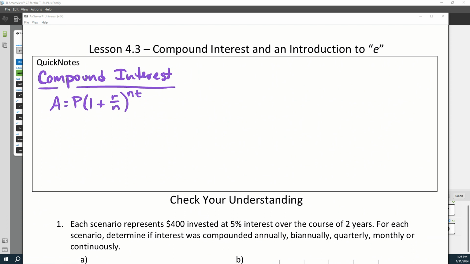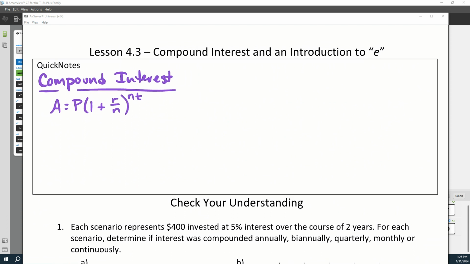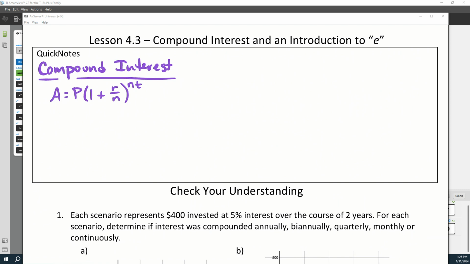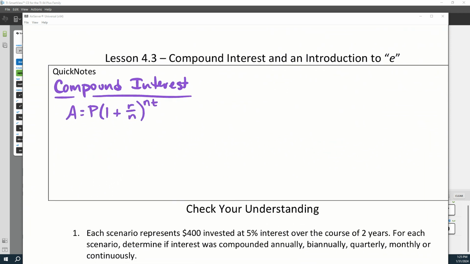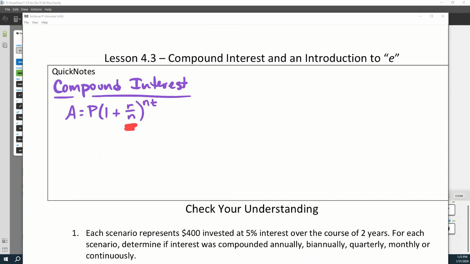You definitely did last year. I was hoping doing that table where we actually did the division will help you remember this part of it.